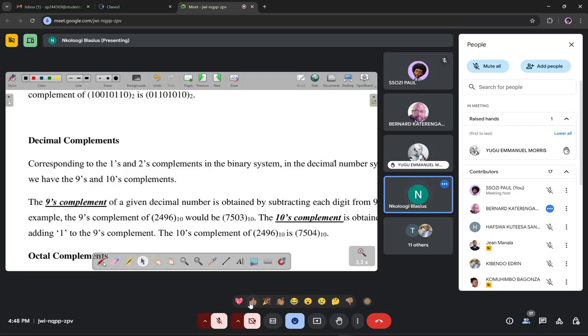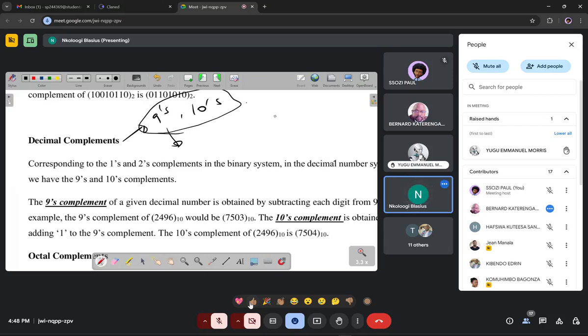Then under the decimal, we shall have the nines complement and then the tens complement. The principle of getting the nines complement is that you subtract from 9. That is just the thing.